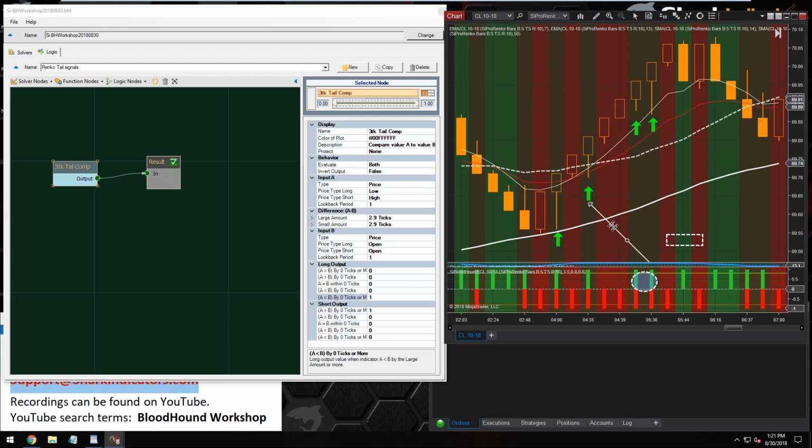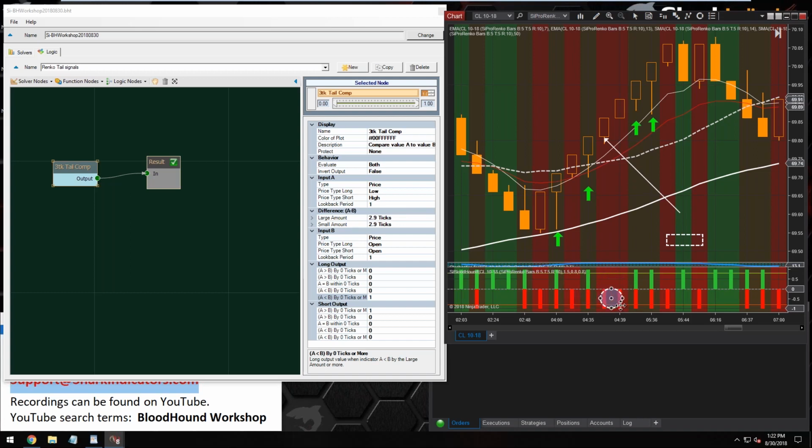And if we go to this bar a little further back, there's our long output for that bar and our long output for the other green arrow. So there's no long output when the wicks are too short. Now the next step is let's filter out this short output.